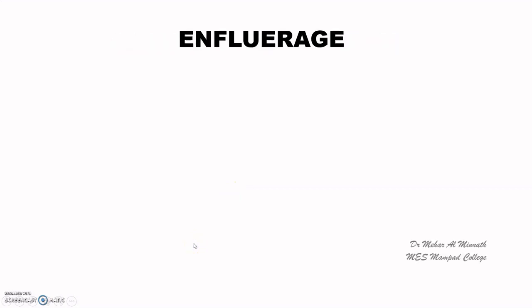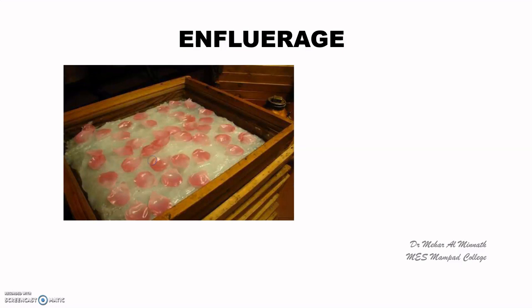Next is the enfleurage or essential oil extraction with cold fat, that is by adsorption, and a process of adsorption happens. Now what we do here is you take a container or a flat base on which you spread the fat.